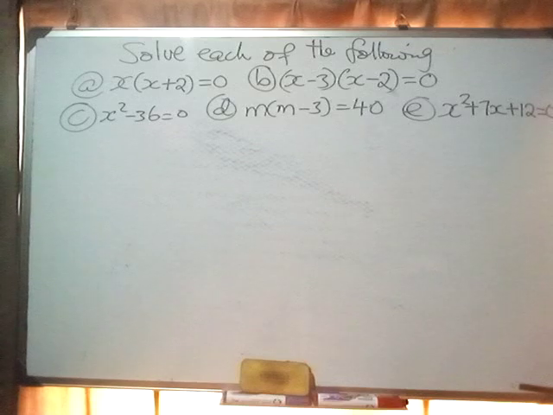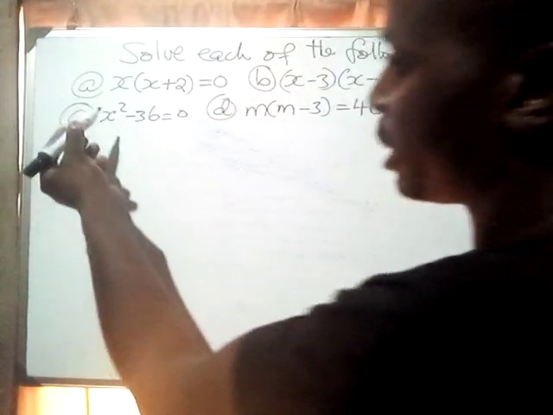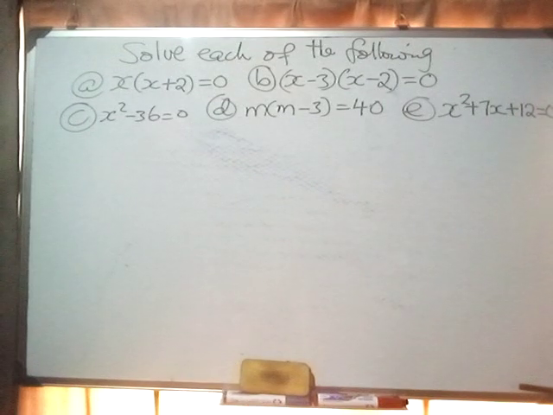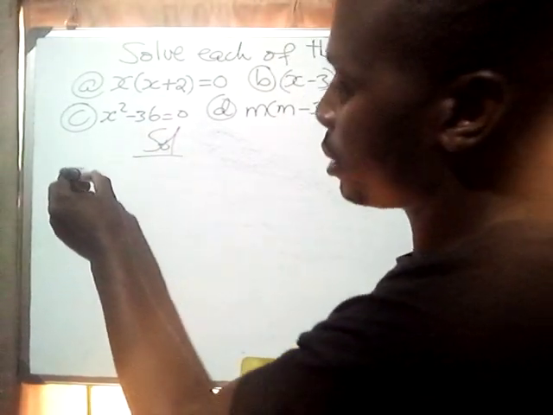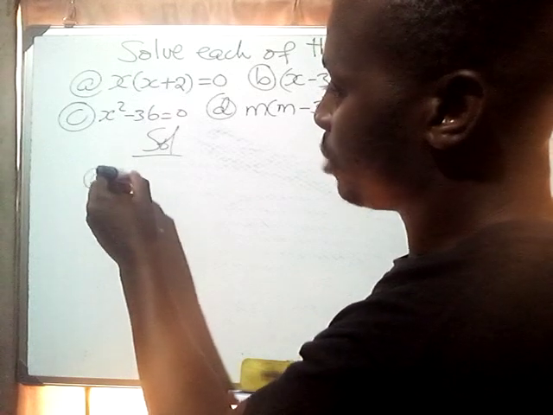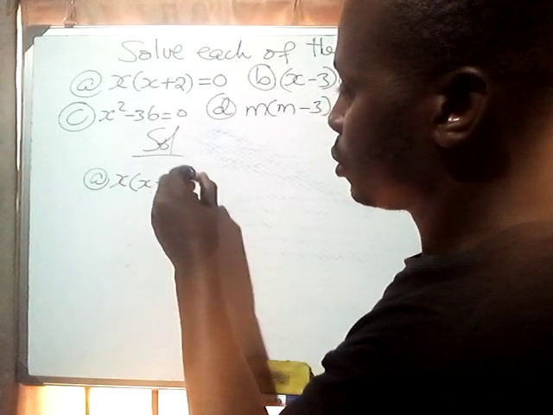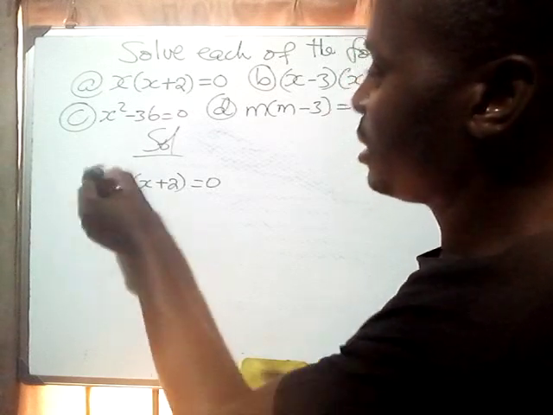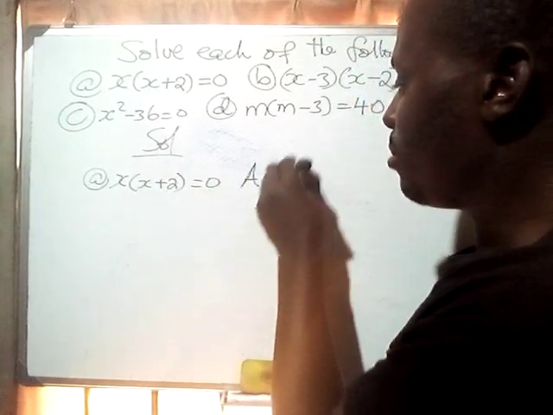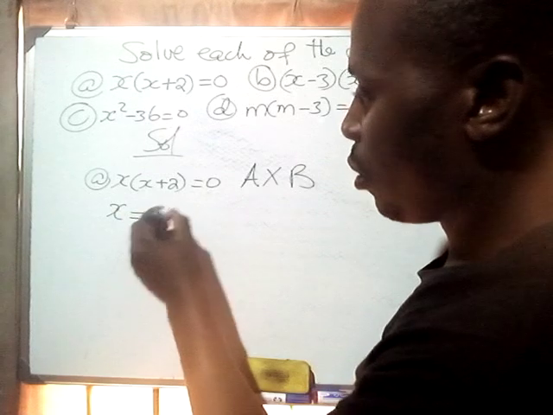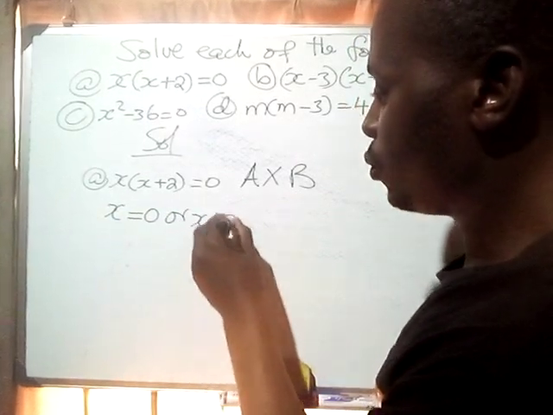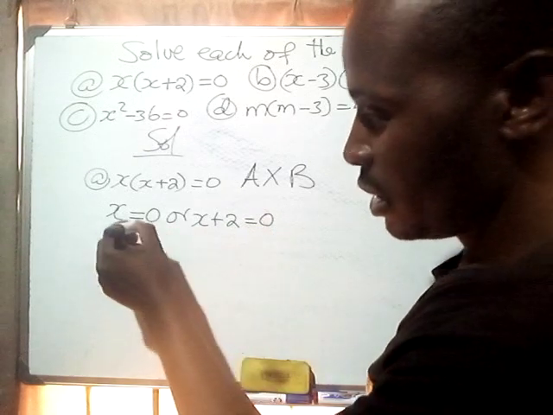Example A is x(x + 2) = 0. This is the same as saying A multiplied by B. So x = 0, or x + 2 = 0.